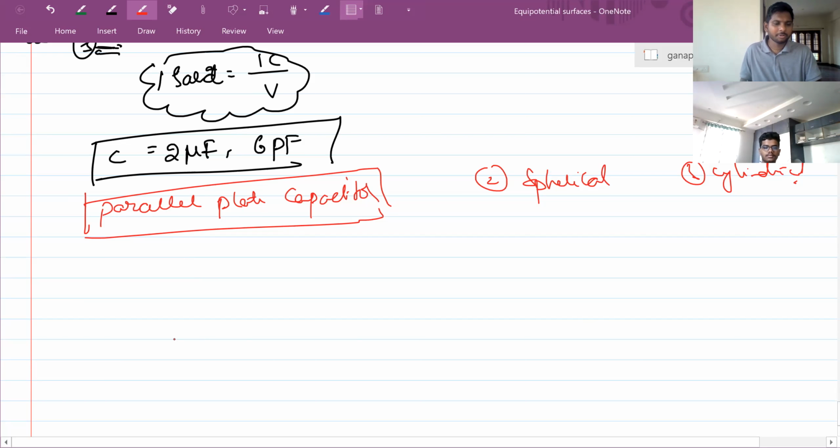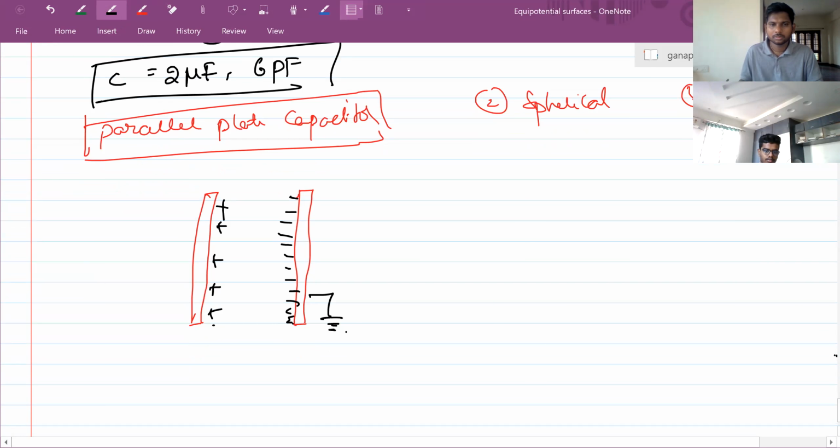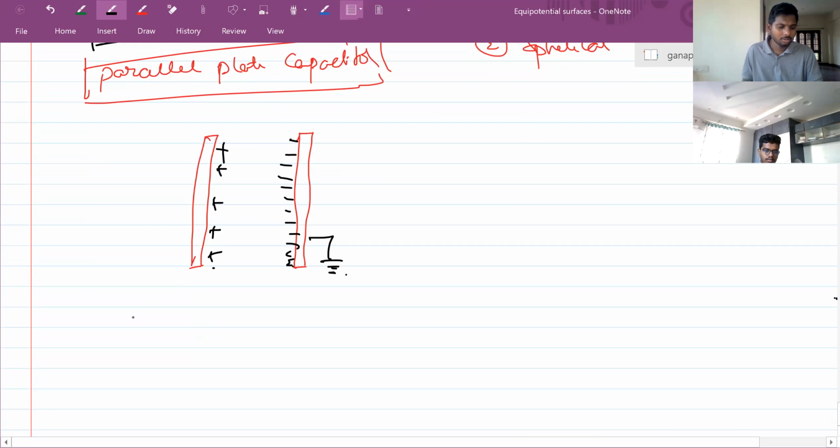Parallel plate capacitor, what will you generally do? If I take parallel plates, one charge is positive here, and negative here. We connect this to one. Now, here actually, there will be an electric field of this sort.